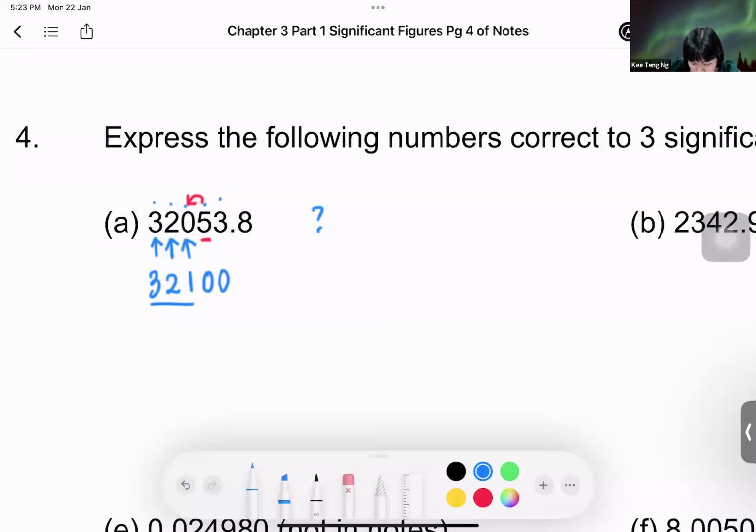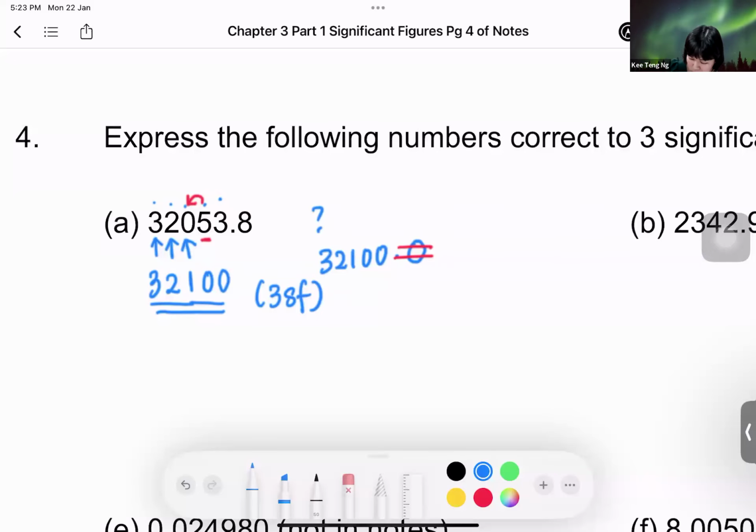Question, do I need to write it as 32100.0? Because I don't need the additional accuracy. They already write 3 significant figures. I already met my requirement for my 3 significant figures. So this will be my answer. 3 significant figures.